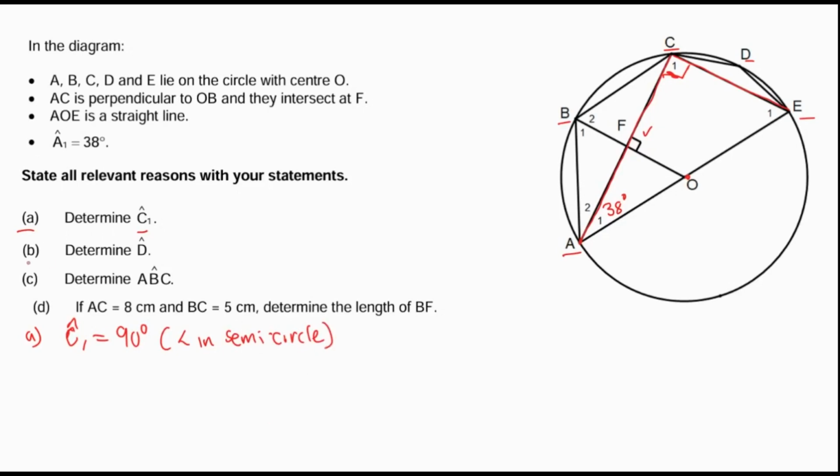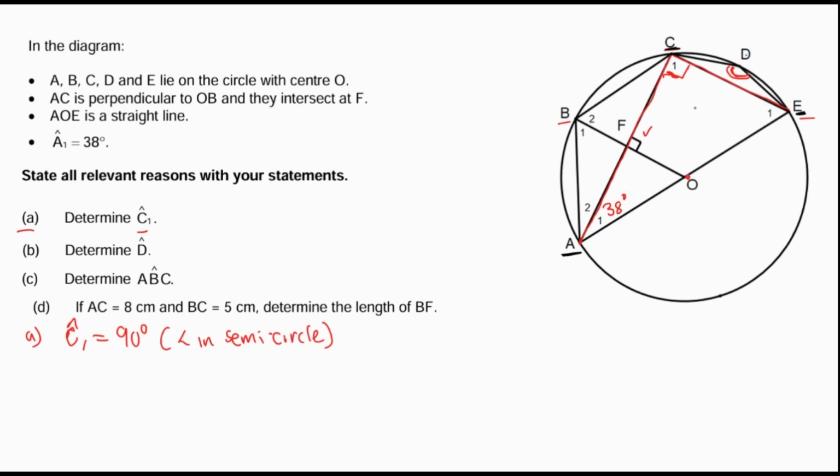Right, let's check B. Determine angle D. This angle here. Right, what do you see there? If you check, points A, E, D, and C are concyclic. They form what? A cyclic quad. And then angle D and angle A1 are opposite angles of a cyclic quad.